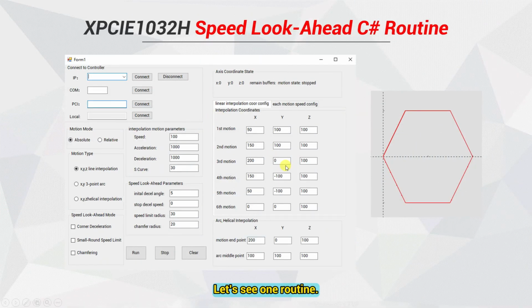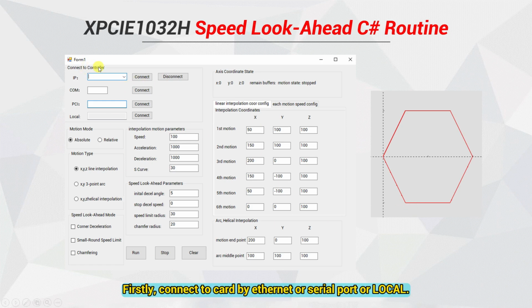Let's see one routine. This is the interface. And this is the trajectory it will move. The hexagon, which is captured by Scope tool. RTSys Debugging information, please check Lesson 6. It can be seen there are many parts. Firstly, connect to card by Ethernet or serial port or local. Absolute motion and relative motion.